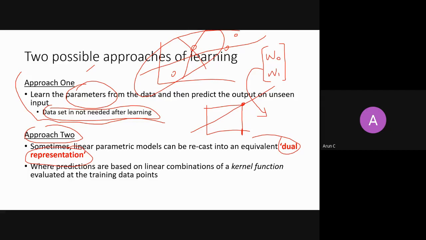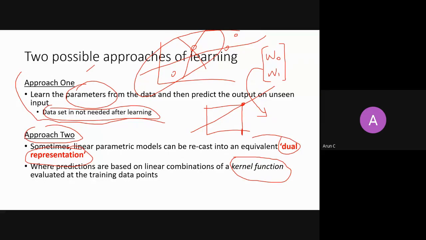And we see that when the data is used, we will have an opportunity to exploit some things, right? I will tell you what those things are, but there is the opportunity to exploit them. And to exploit them, we use kernel functions.